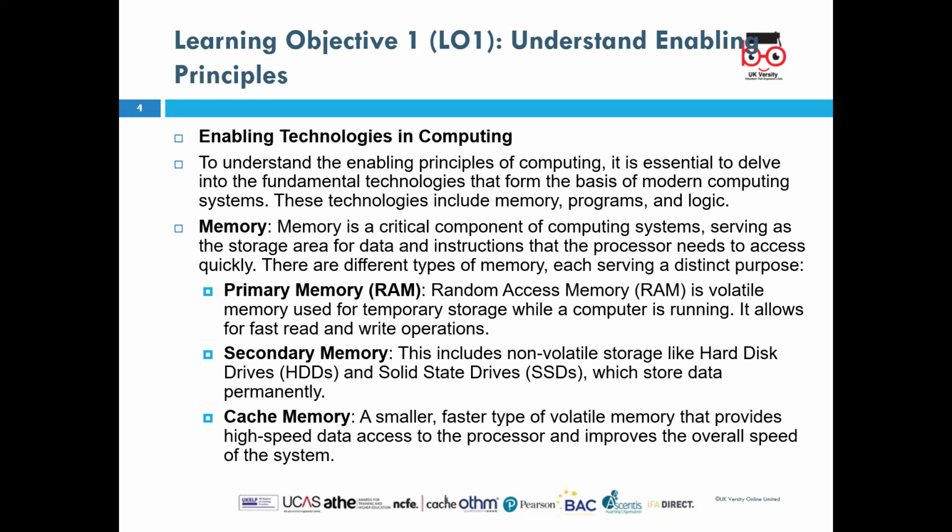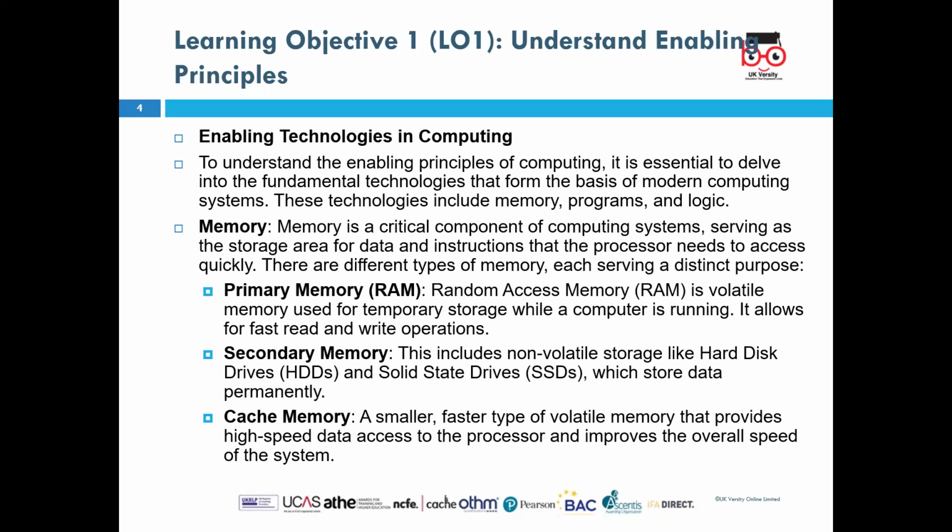cache memory. The primary memory, which is random access memory, we all know is a volatile type of memory because once it is accessed by our computer and we switch off our computer, all the data will be reset.